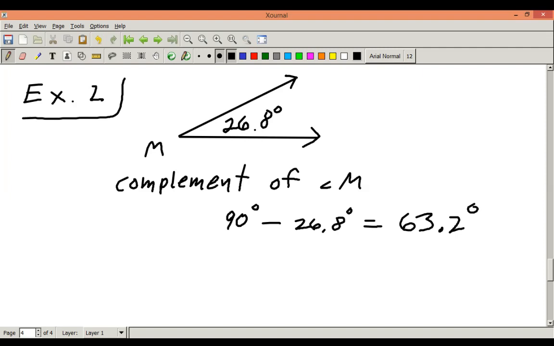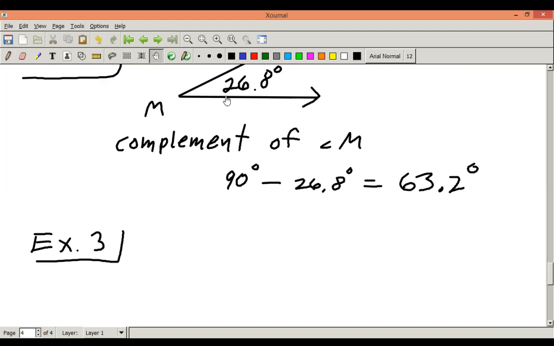Let's say we have this time for our next example, example 3. Angle N, and it's 2y plus 20 degrees.